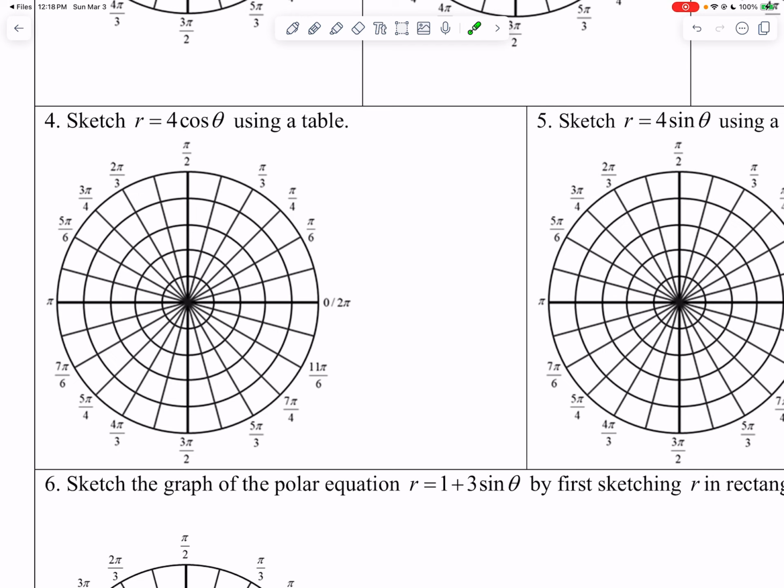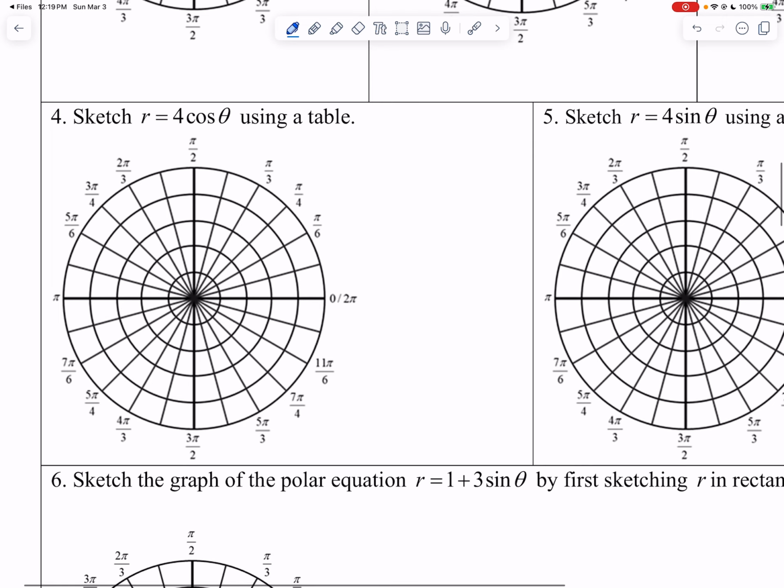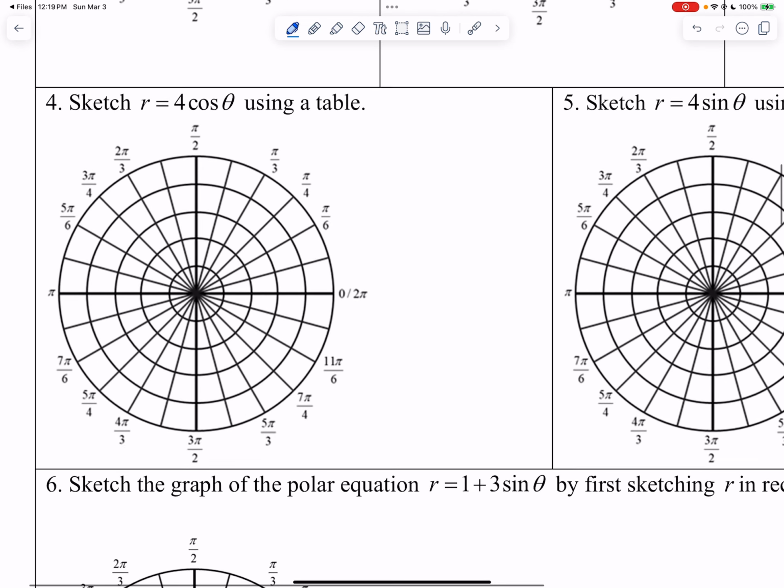But number 4 and number 5, we can probably do this using rectangular coordinates, so we're going to convert this, and then later on we'll see that like number 6 through 12, we'll just use polar coordinates for those.